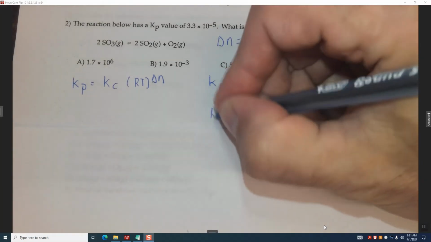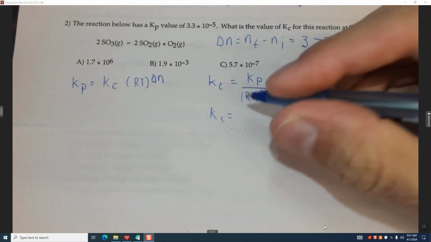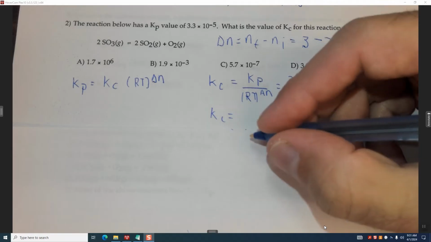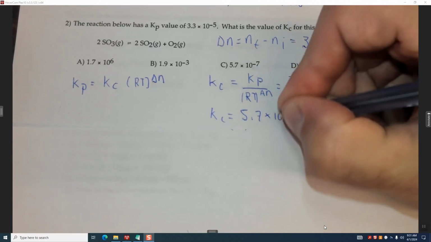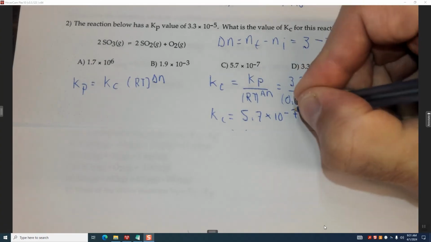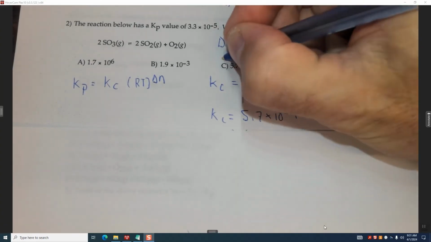When you do that math, you find that Kc is equal to 5.7 times 10 to the negative 7, which is choice letter C.